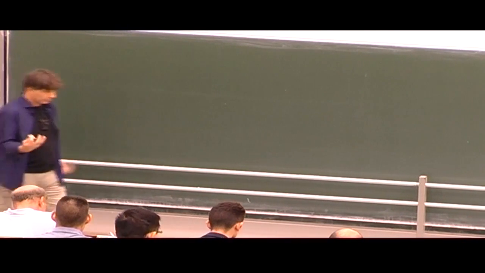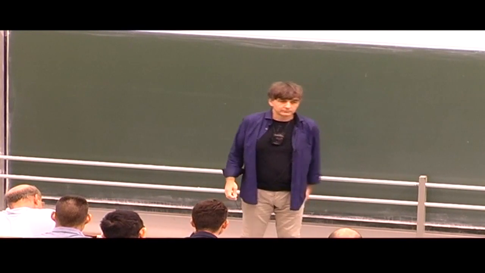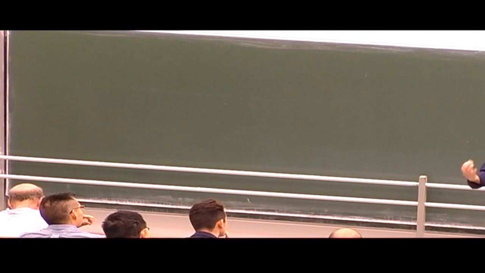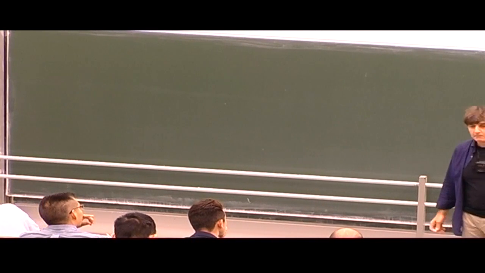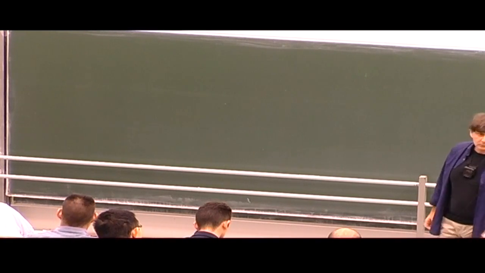So what is gravity from the point of view of a particle physicist? Gravity is an interaction that is mediated by a messenger that has certain specific properties. So this is spin equals 2 and mass equals 0.